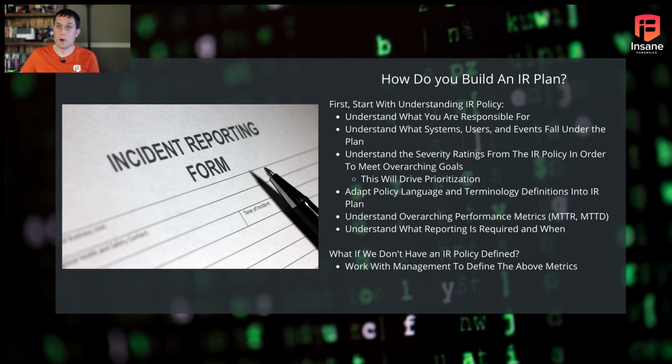Next, understanding what reporting is required and when. I usually joke that this is the question of when do you wake the CEO, or, in my case when I was in the Air Force, when do you wake that four-star general up at 2 a.m. to say, hey, we have an event, this is what's going on, we might need to come in. Or to say, hey, I have to call you, you coming in won't do anything right now, but the IR plan says I have to call you because of the criticality of this notification.